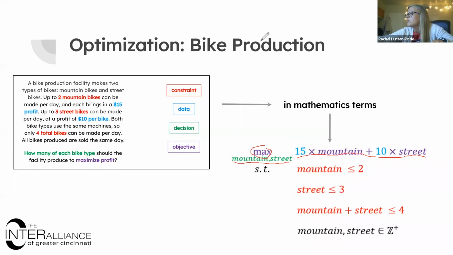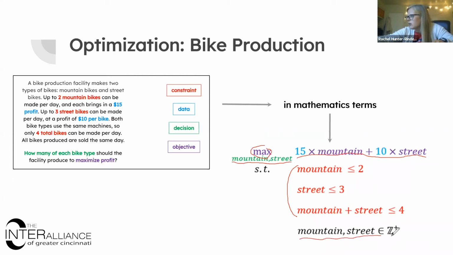But we know that we can't make any changes that we want. We have these constraints here. ST stands for subject to. So we want to maximize the value we can get out of 15 times mountain plus 10 times street, bearing in mind that mountain has to be less than or equal to 2, street has to be less than or equal to 3, and the 2 together have to be less than or equal to 4.